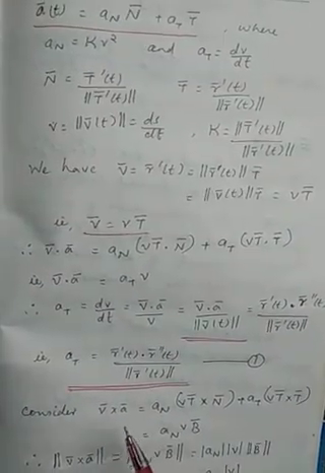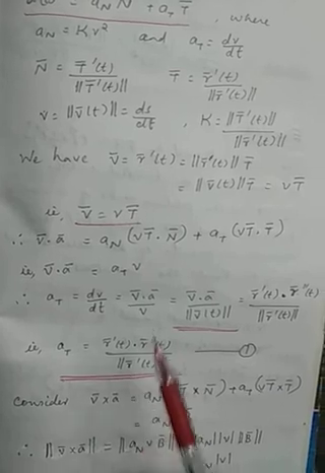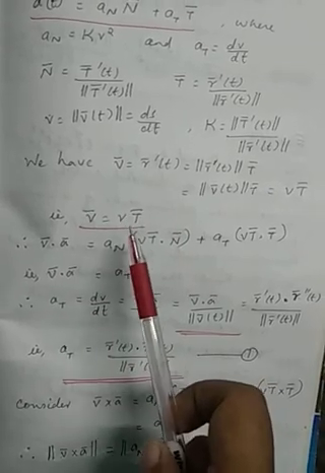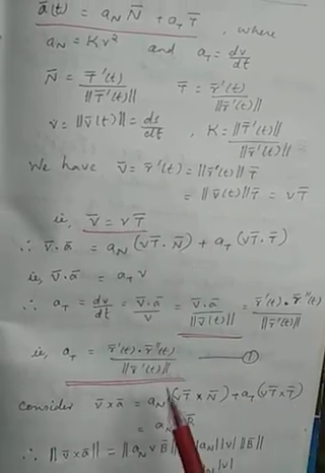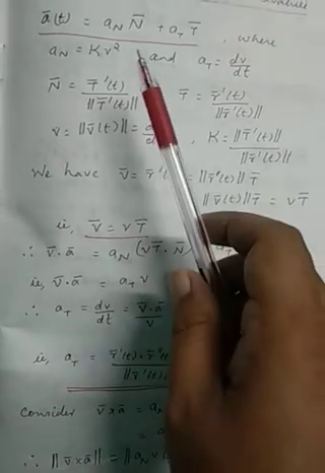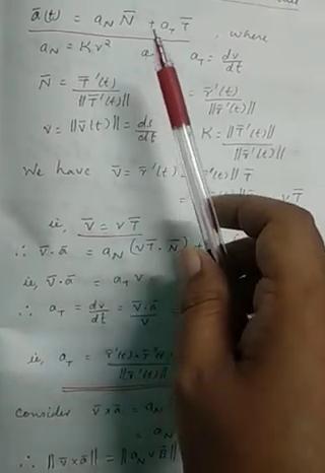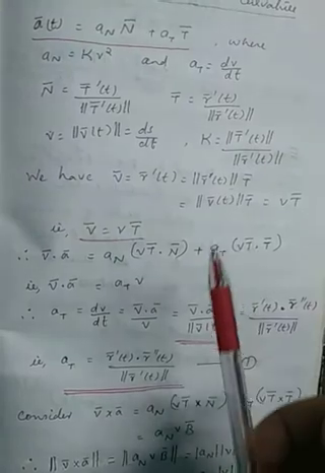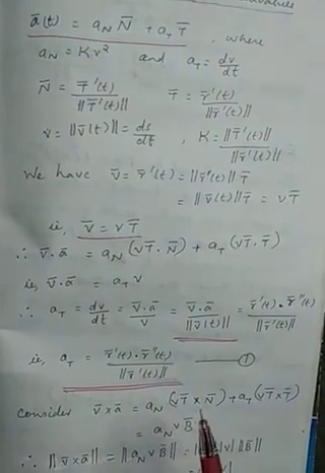So V cross A is equal to V into vector t cross the first term An into vector n. So here V and An are scalars, so we can take them outside.